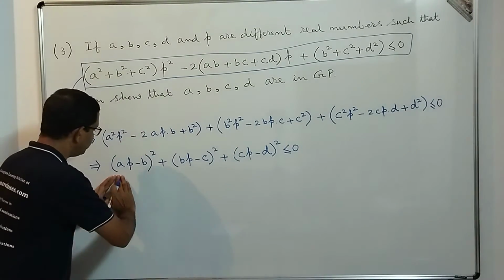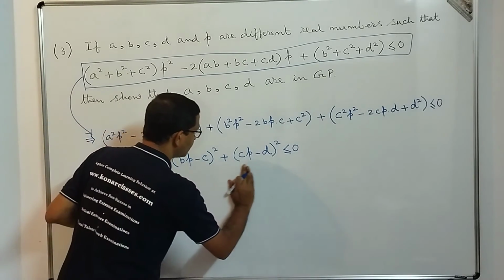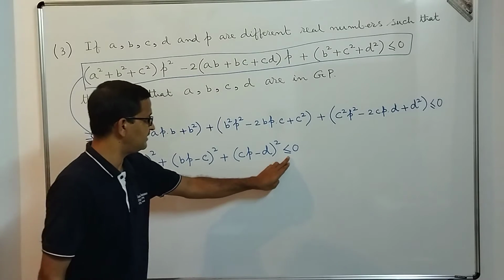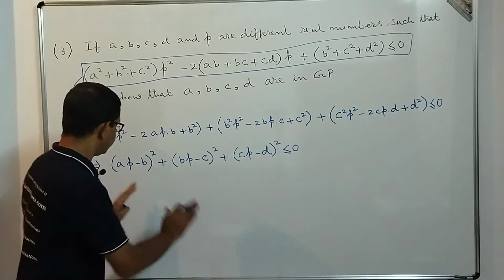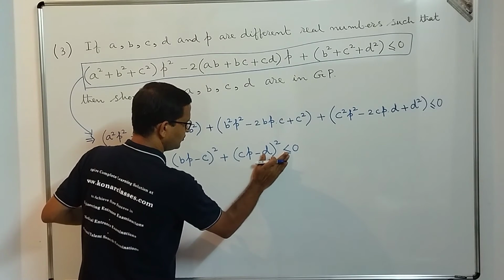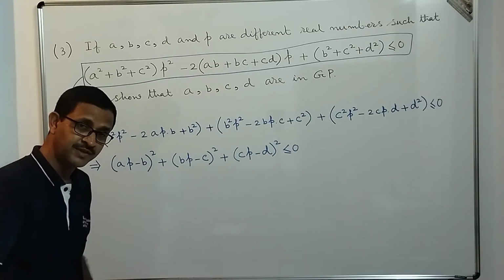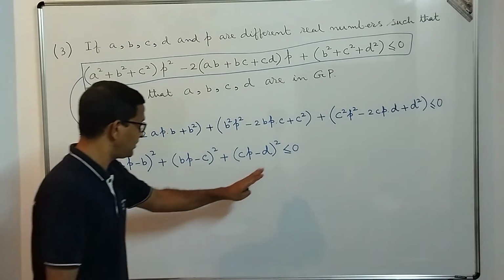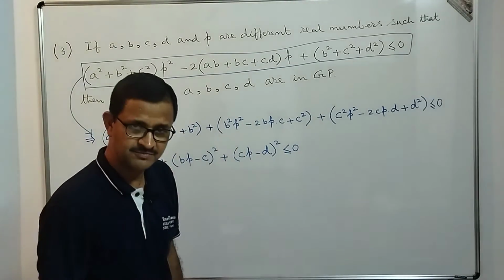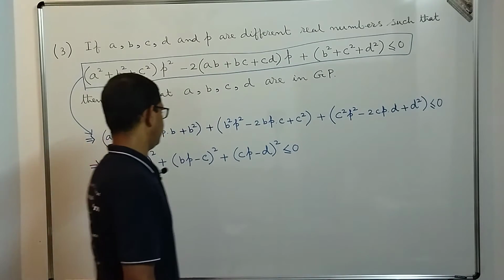That means all this could be greater than equal to 0. But according to the statement, we see this is less than equal to 0. The sum of the squares of these three numbers cannot be less than 0. It can be equal to 0. So we can write that this is equal to 0, because less than 0 is impossible.